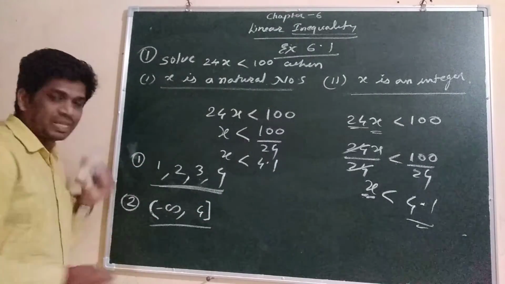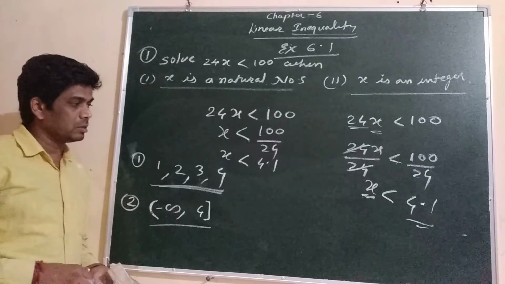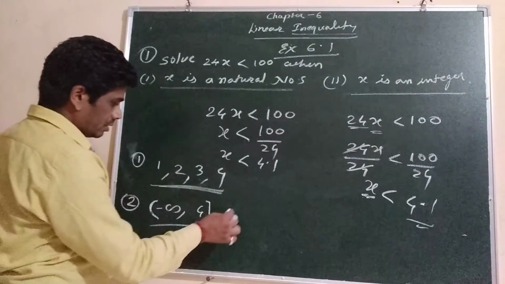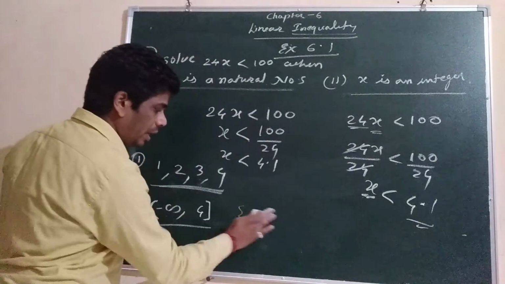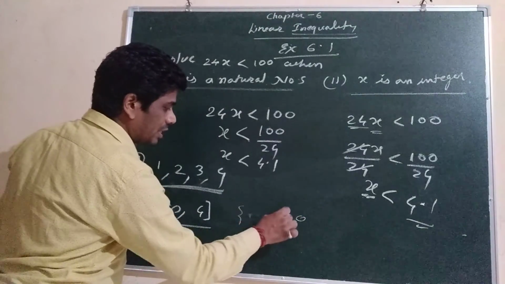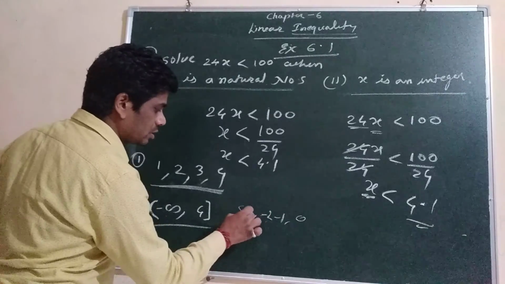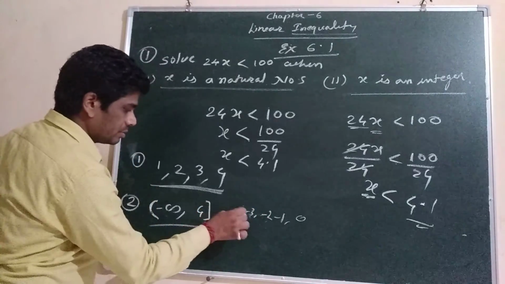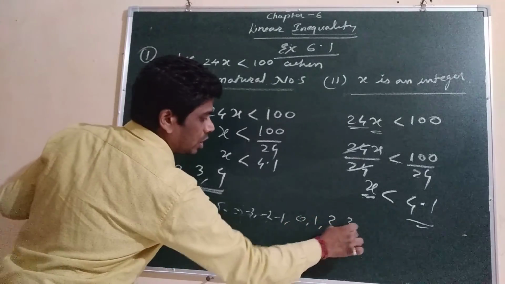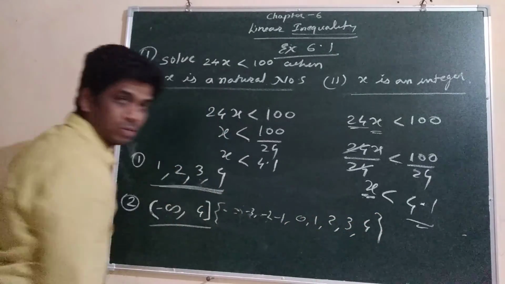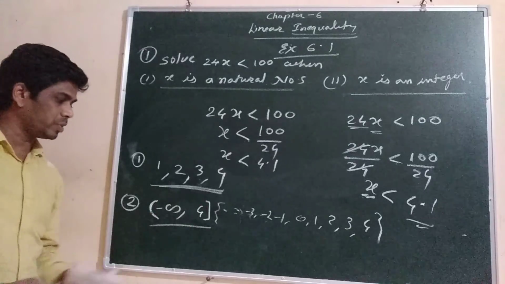So this will be the answer. Or you can write it this way also: minus infinity, then 0, minus 1, minus 2, minus 3, and so on, and here 1, 2, 3, 4. This type also we can do.